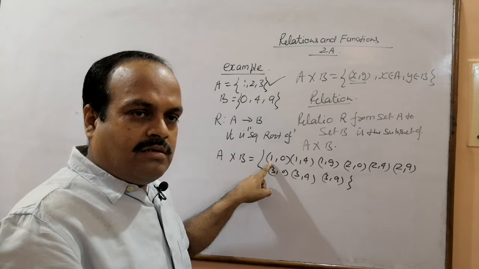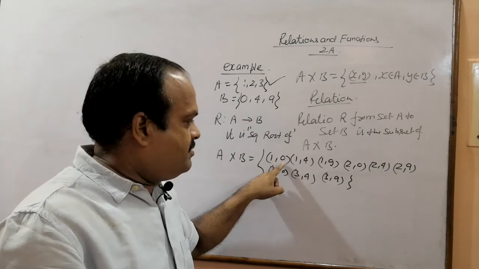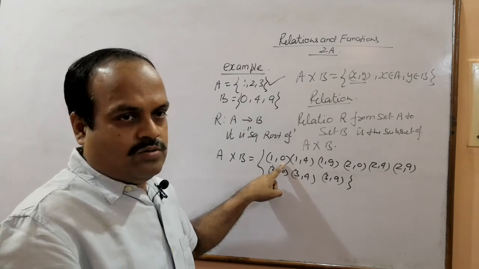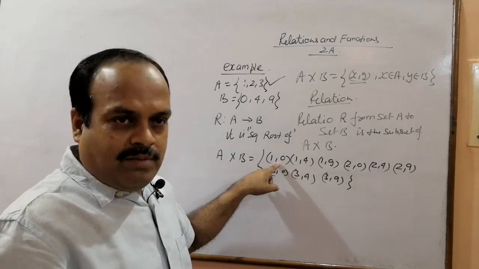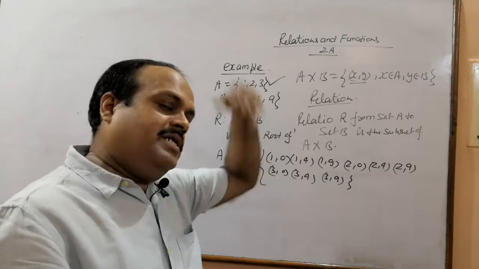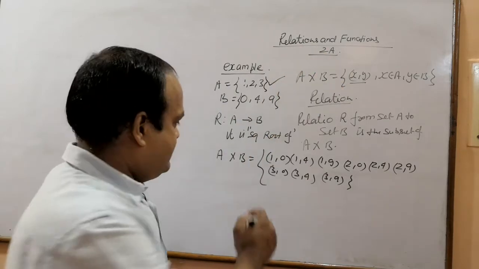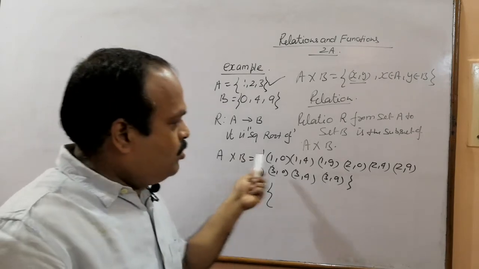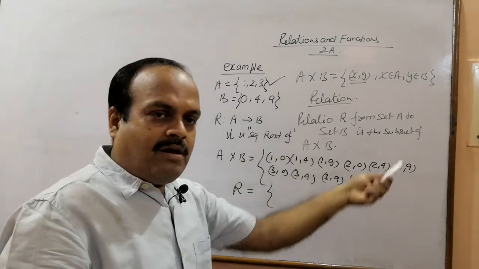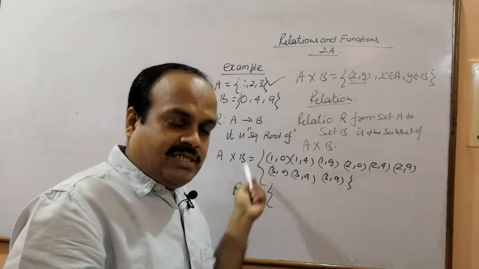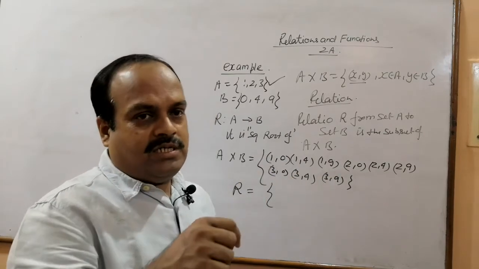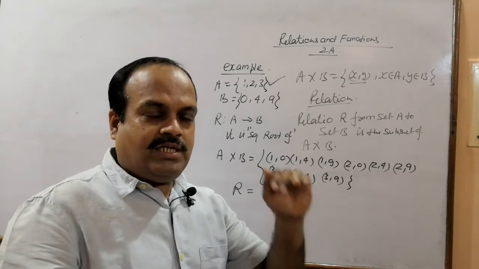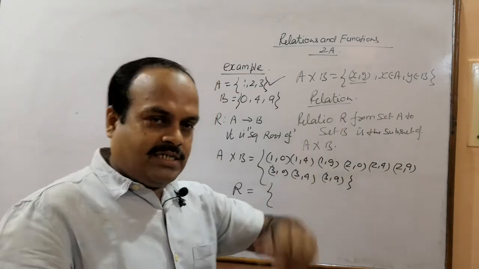Is 1 the square root of 0? No. So this element of A cross B will not be in the relation R. Relation R will have those elements from A cross B in which the first entry is the square root of the second entry.